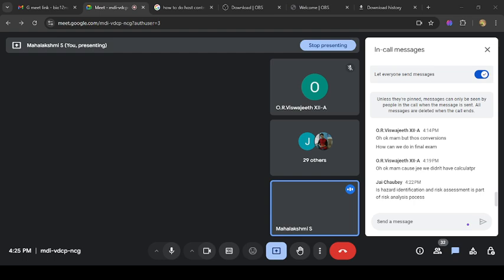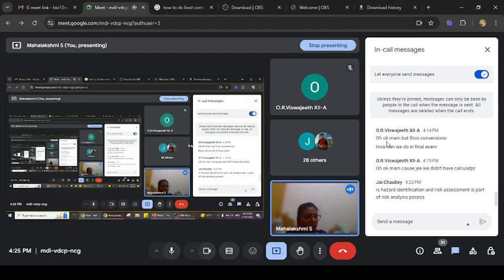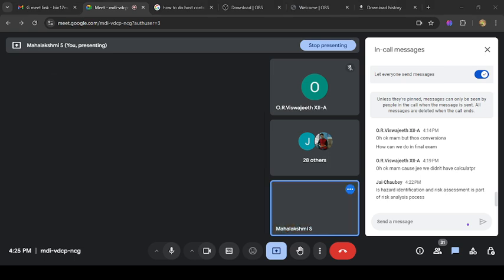All these steps are involved in the risk analysis. 4 steps are there. We can refer the lecture 4 also for a brief explanation. Okay. We will look into the solution. First, I will explain this one.